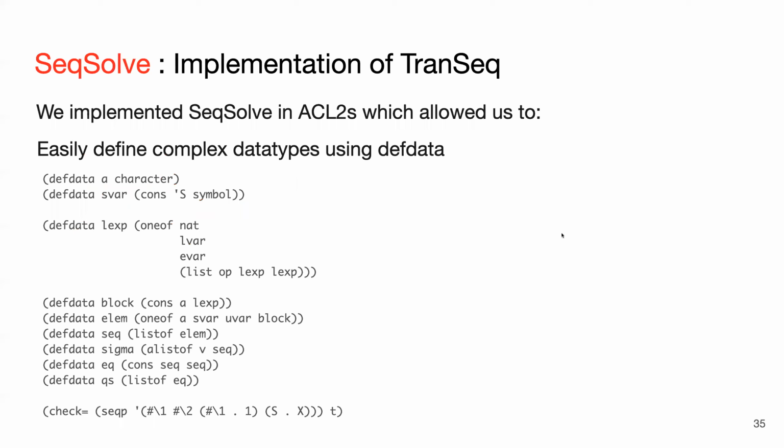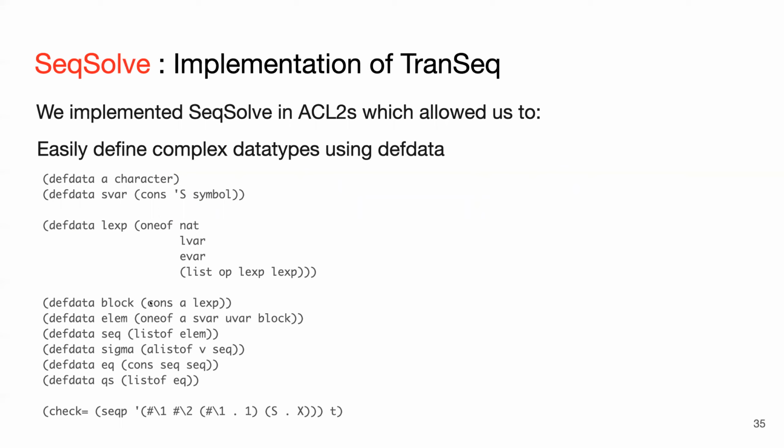Our tool SeqSolve is an implementation of our transition system TranSeq. We implemented SeqSolve in ACL2S, which allowed us to easily define complex data types. For example, in order to represent a sequence, you need characters, variables, and length expressions, because when you compress, the length of a block can also be an expression consisting of variables and operations.